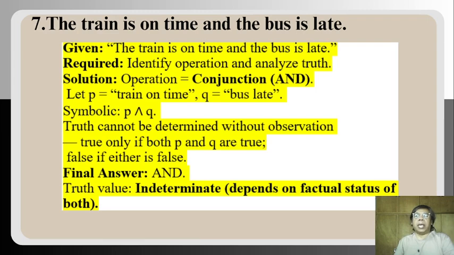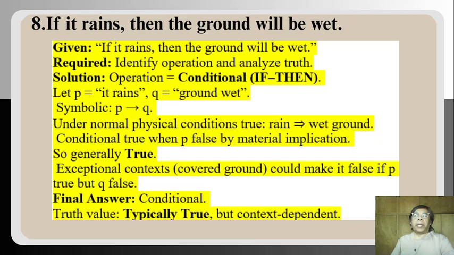Symbolically, P and Q. Truth cannot be determined without observation. True only if both P and Q are true. False if either is false. So the final answer: and, and the truth value is indeterminate, depends on the factual status of both.